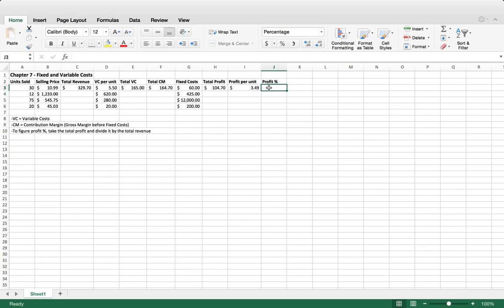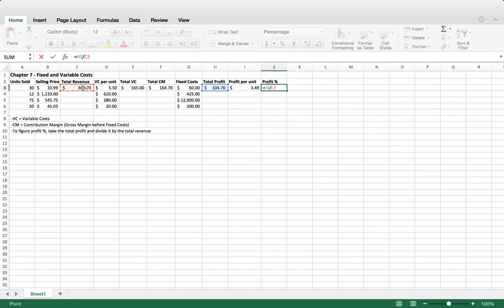And to figure out our overall profit margin, we take the total profit and divide that by the total revenue. So we're taking our profit of 104.70 and dividing that by the total revenue in order to come up with the percentage.